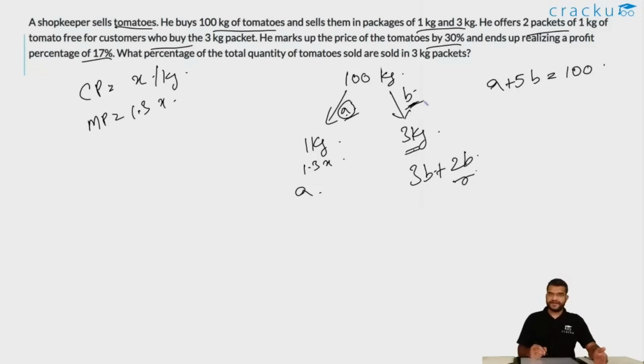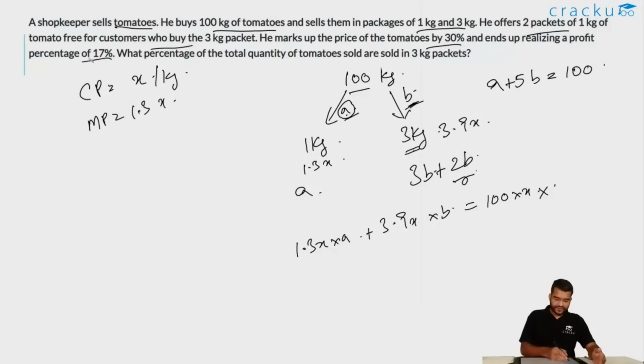And for the B packets sold at 3 kgs, the mark price will be equal to 3.9x. So what is the total amount of money that he made? This will equal 1.3x into A plus 3.9x into B. This we are told is equal to 100 into x, this is the total cost price, into 1 plus 17%, which is the profit. So this is equal to 1.17.